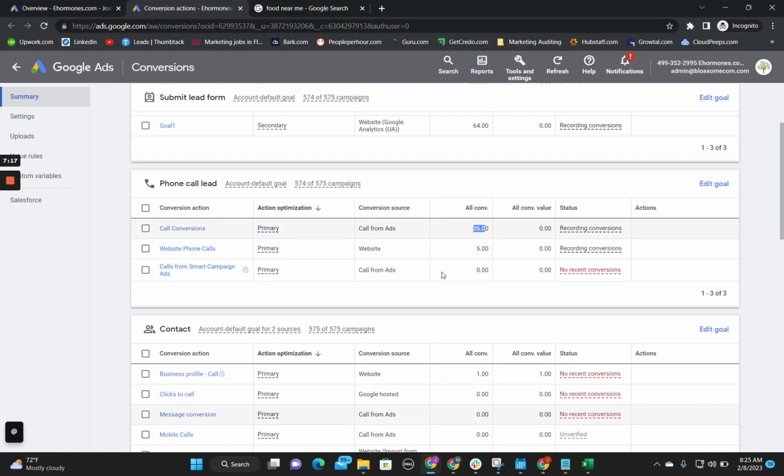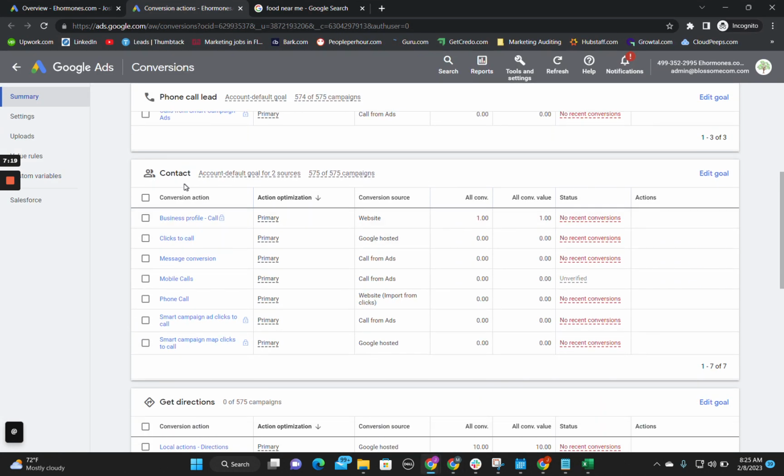All right. Scroll down. Here is contact. There you go. The business profile. Clicks to call. Maybe they have an office or something. Whenever you see a lock like this, it's usually correct. Doesn't mean it's always correct, but just to give you a usual, it is usually correct. Google hosted, this is always correct.